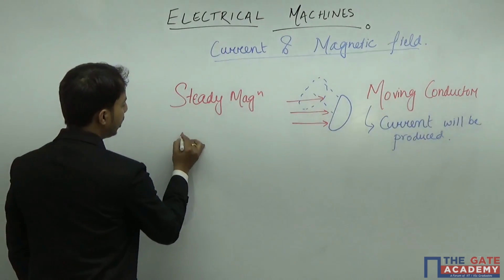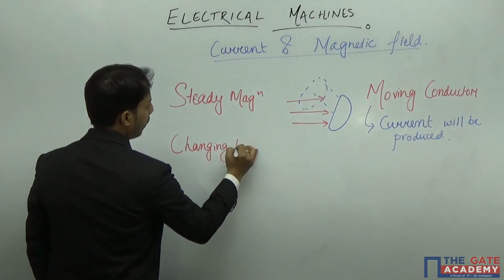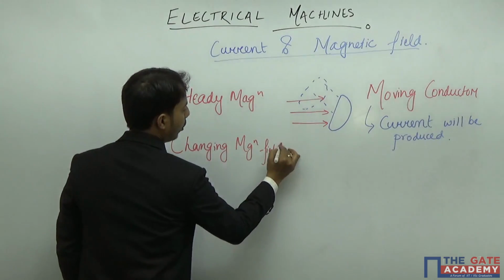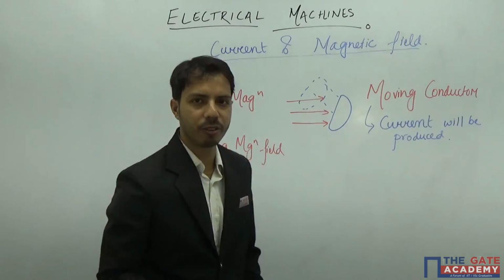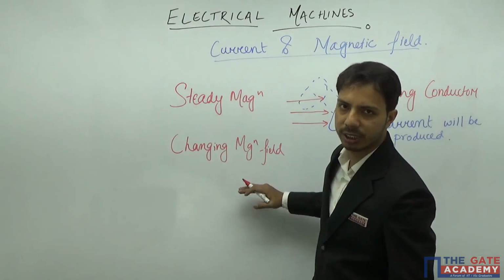if he had a changing magnetic field. Now when I say changing magnetic field, that means the current which is creating this magnetic field is changing.